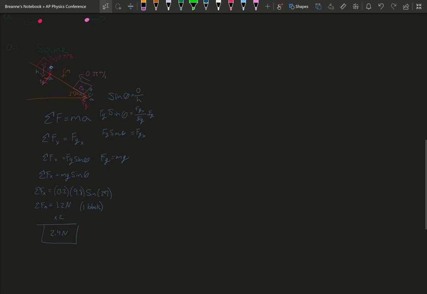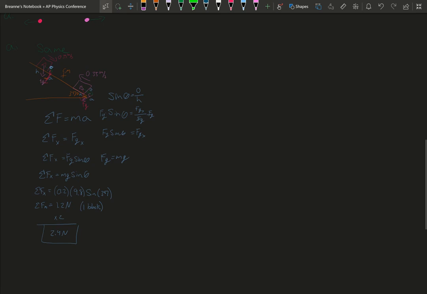For BII, it says, at the instant shown in figure 3, the blocks are moving towards each other at the same speed of 0.35 meters per second. Blocks collide at 0.5 seconds later. What is the speed of the 2-block system center of mass just before they collide? So we're looking for velocity.